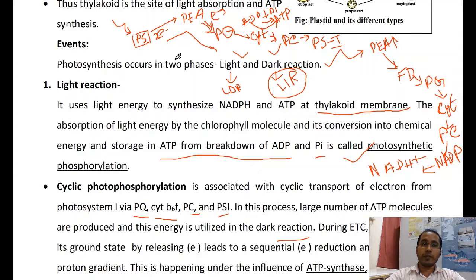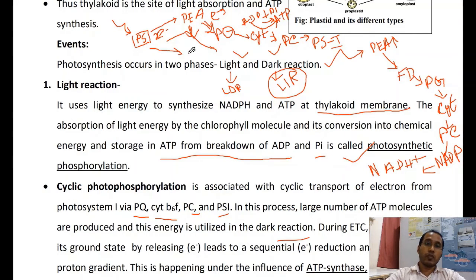Because in non-cyclic photophosphorylation, when it is excited, it needs to come back to the ground state. To cover this electron transfer from the photosynthetic electron acceptor center to plastoquinone, it is reduced. So it is oxidized, and the electron is scarce here.